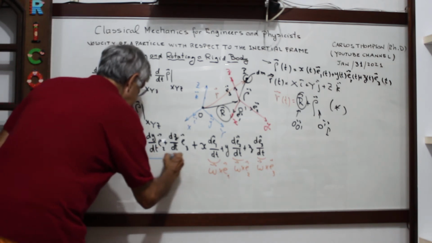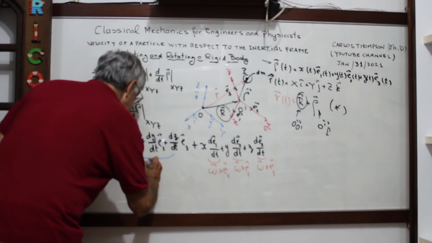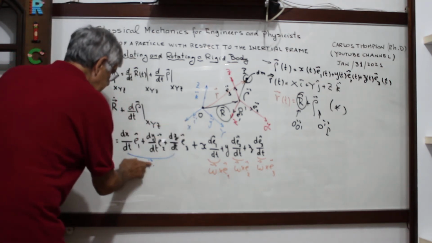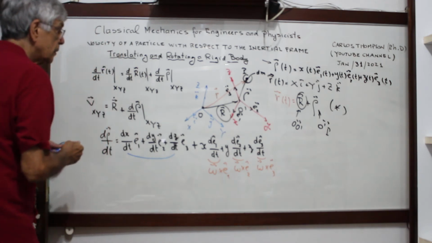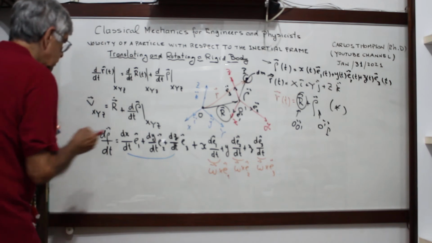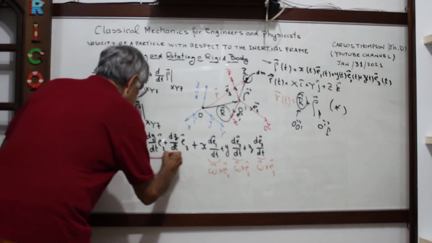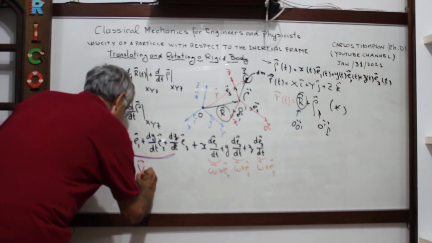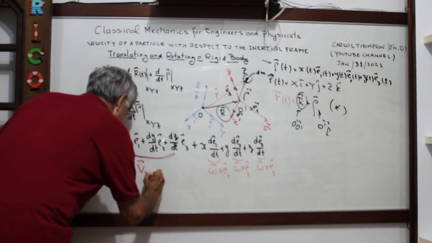So this is V. I will not use blue because this will be confusing, so let's write in red. This is V with respect to x, y, and z.